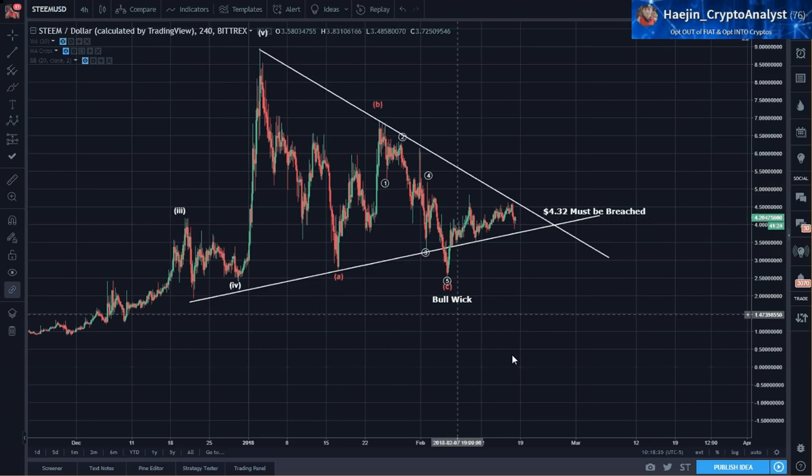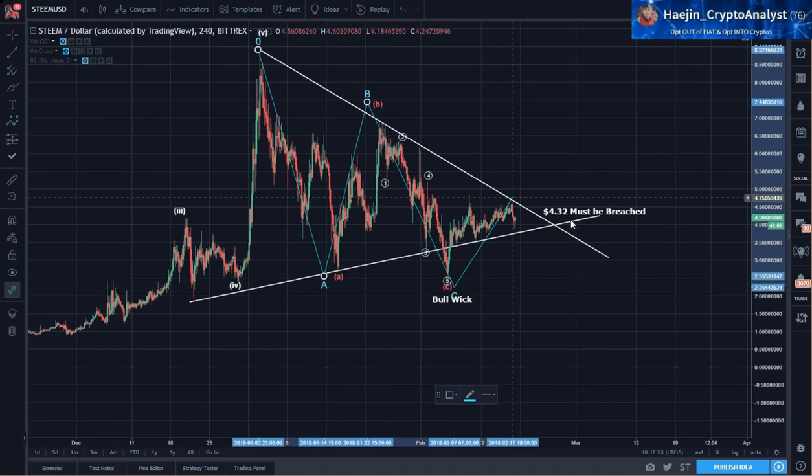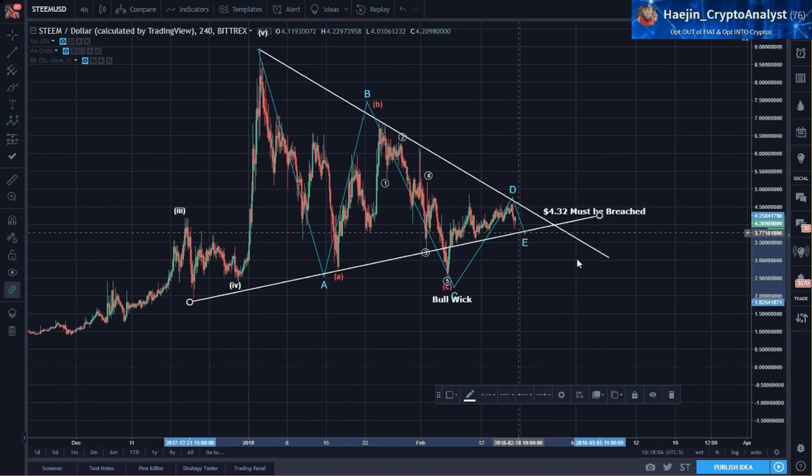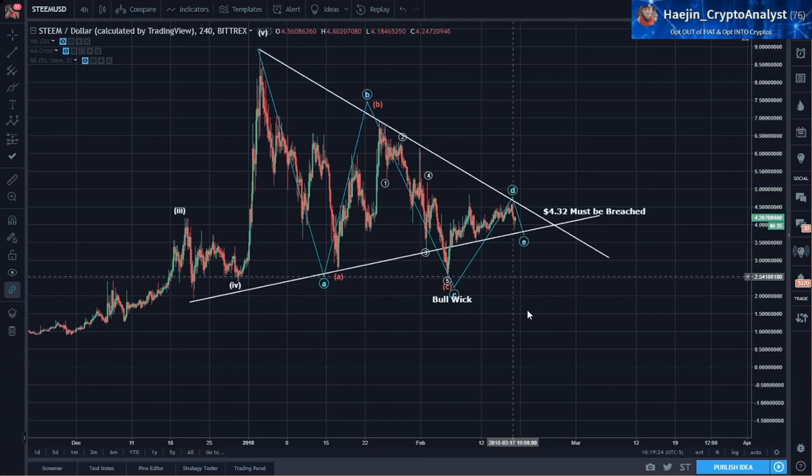So instead of an ABC, I'm thinking maybe we can label this as an A, B, C, D, and E. The only problem with this is that you can't have C lower than A. So that would not be valid.